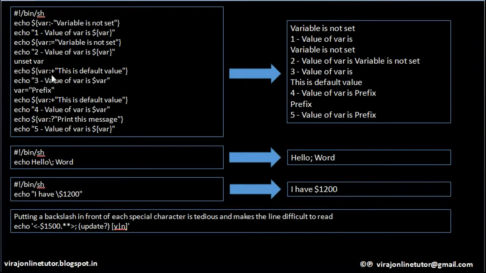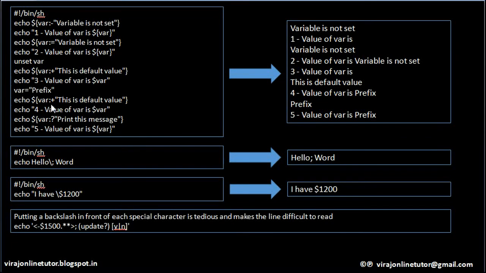In this example with colon plus sign, this variable was explicitly unset earlier. So hence this variable was set with a value, this is a default value. And now since this variable where already has a value prefix, it is not overwritten by this line. It still contains prefix. Now when we print this line on the screen, content of where is prefix and not this line.